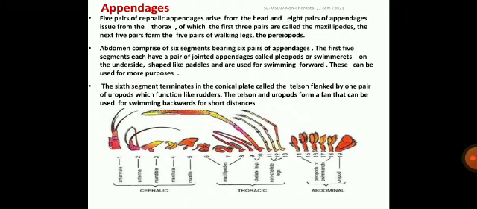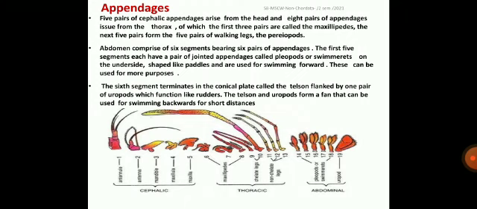The first 5 segments each have a pair of jointed appendages called pleopods or swimmerets, on the underside, shaped like paddles and used for swimming forward. These can be used for more purposes.